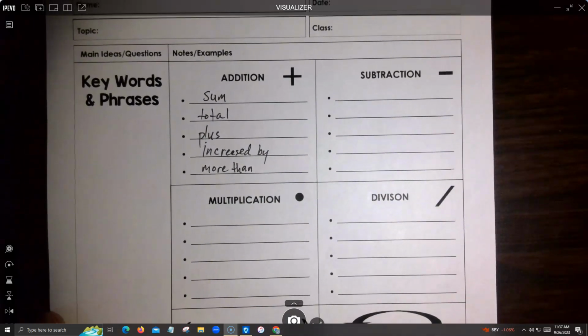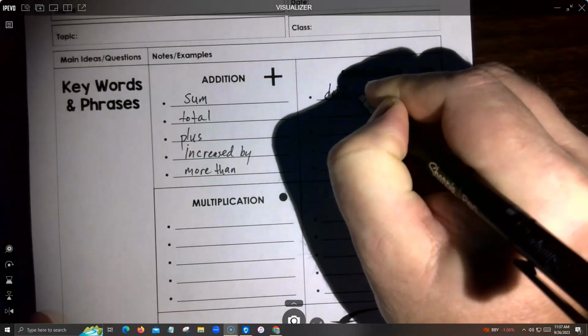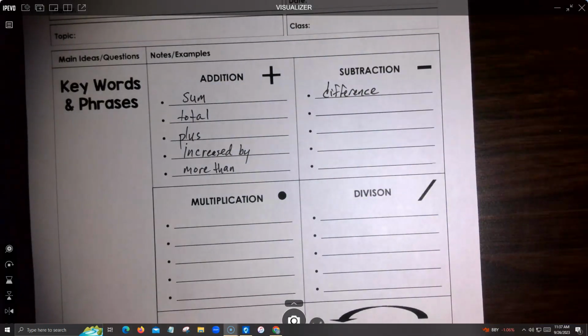All right, subtraction. The key word in subtraction is difference. Just like with sum, when you do difference, you're going to subtract two numbers. In mathematics, we always subtract two numbers. We can keep subtracting another number and another, but we always work with two numbers at a time.